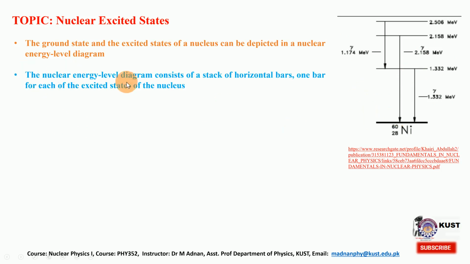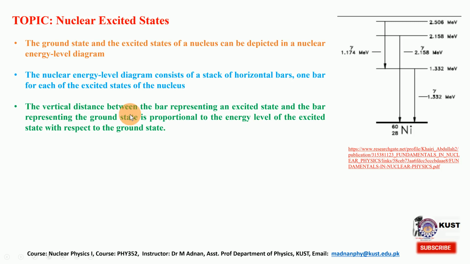So the nuclear energy level diagram consists of a stack of horizontal bars, one bar for each of the excited states of the nucleus. These are the various excited states. The vertical distance between the bar representing the excited state and the bar representing the ground state is proportional to the energy level of the excited state with respect to the ground state.